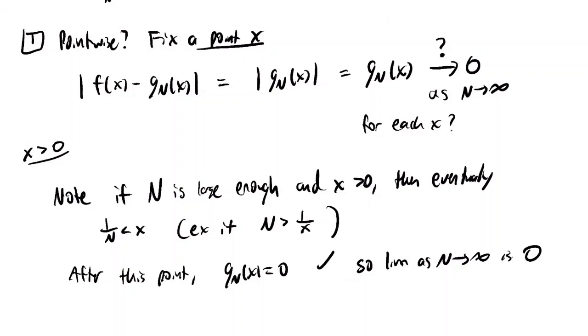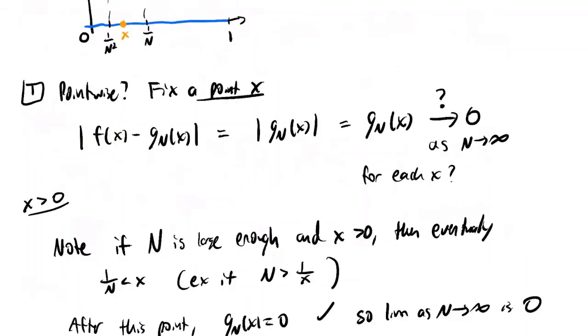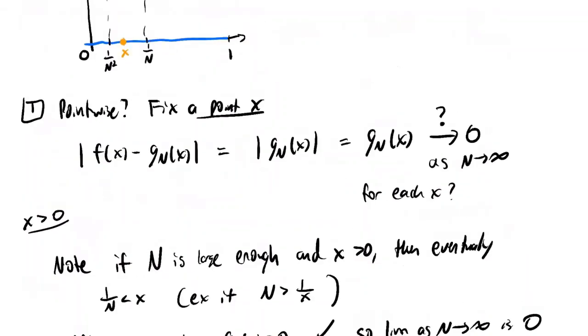So we've shown that as long as we fix a point x that's not 0, if n is large enough, the difference will be equal to 0. And therefore it does converge pointwise, at least if x is not equal to 0. On the other hand, if x is equal to 0, then by construction 1 over n squared is always strictly bigger than 0, so gn of 0 is always equal to 0 for each n.